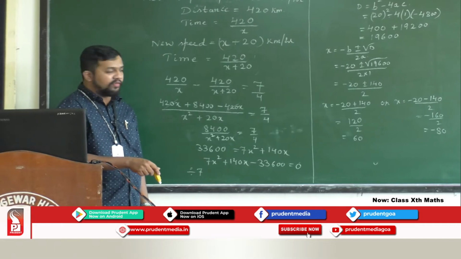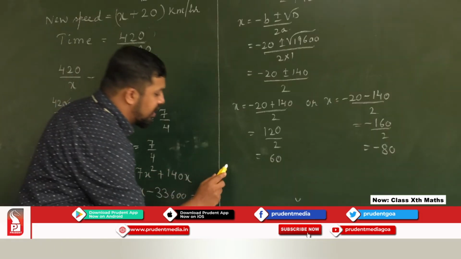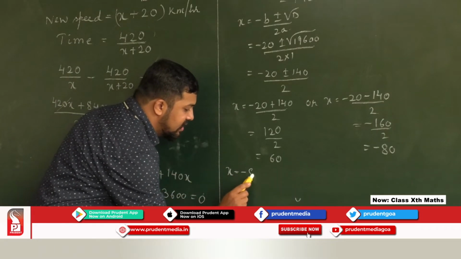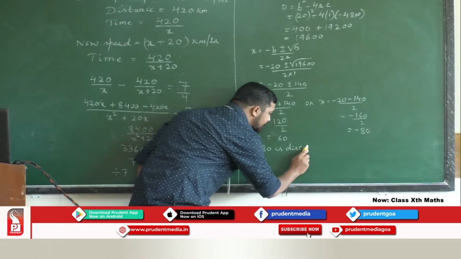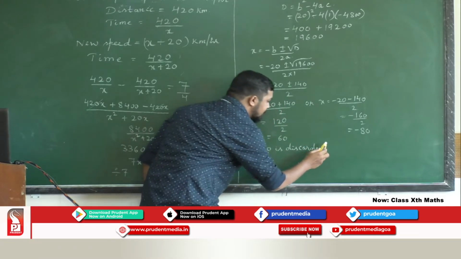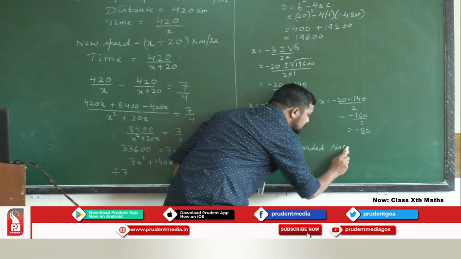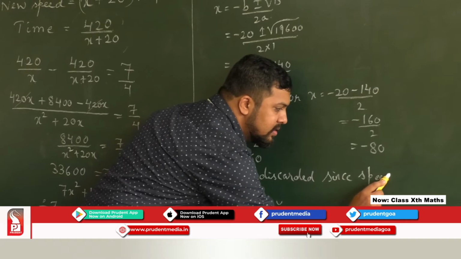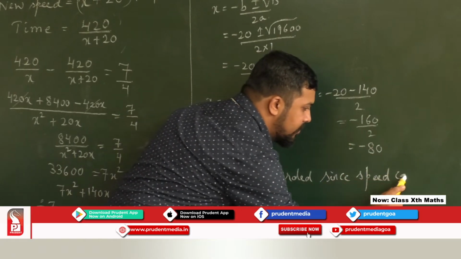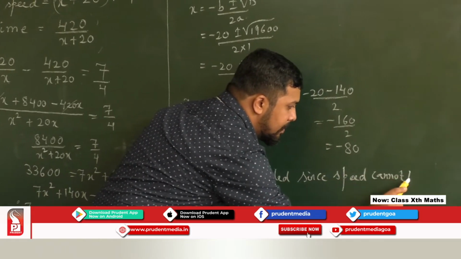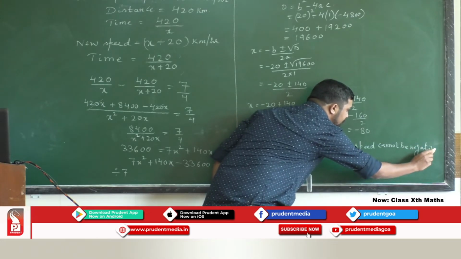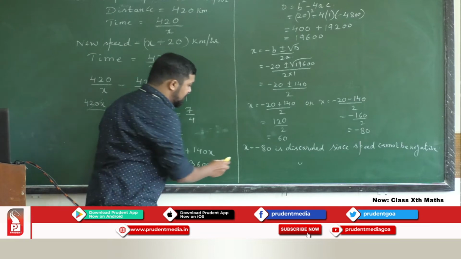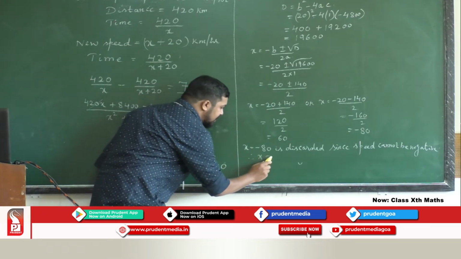Now, we know we have to discard one thing. So, which one will we discard? x equal to minus 80 is discarded, since speed cannot be negative, and therefore x will be 60.